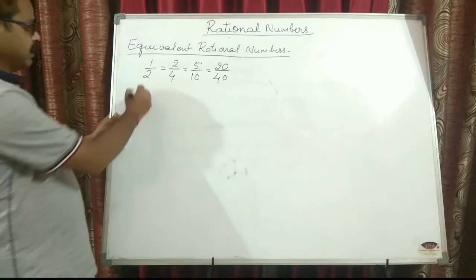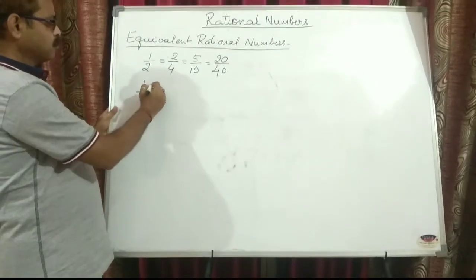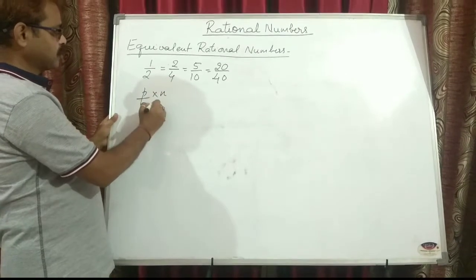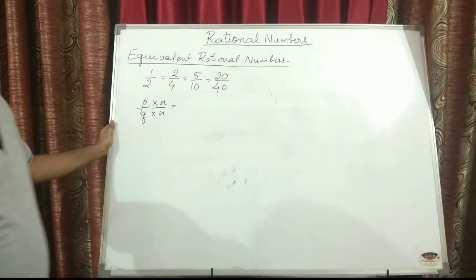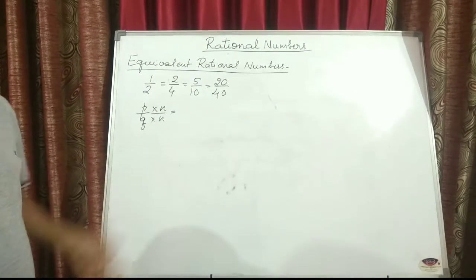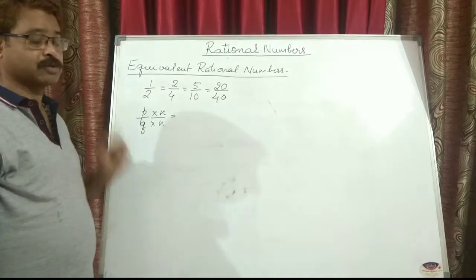If there is a rational number P upon Q and both numerator and denominator are multiplied by a common integer, it can be negative, it can be positive, by a common integer except 0. Q cannot be equal to 0.